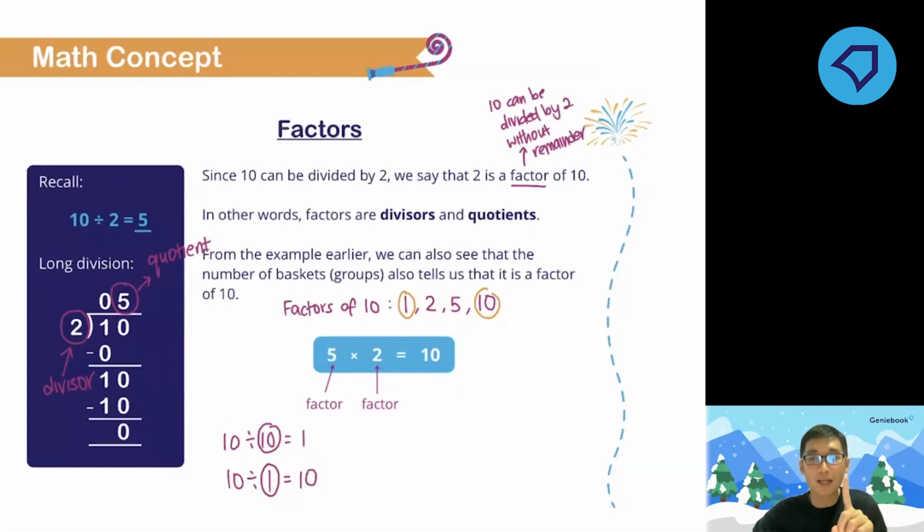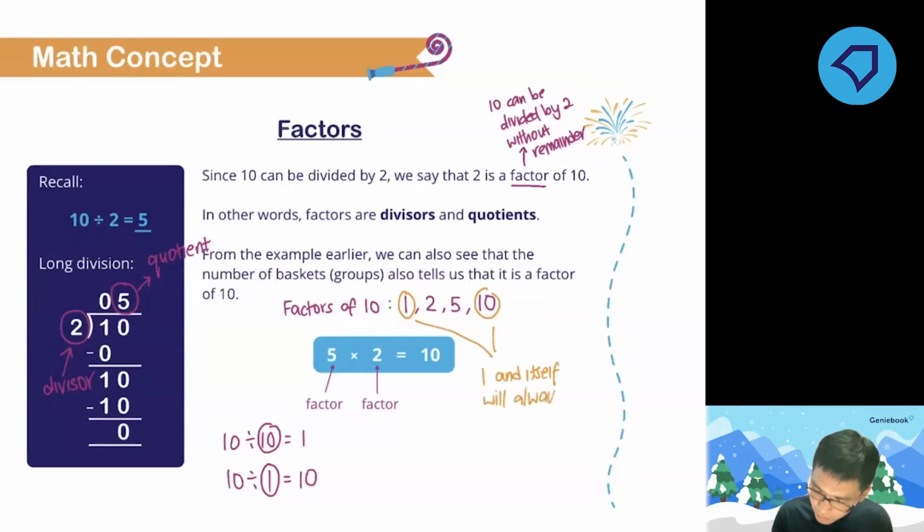So 1 and itself will always be a factor. Okay, let me just write down here. 1 and itself will always be a factor, right? Because this number can divide 10 exactly without any remainder, always.